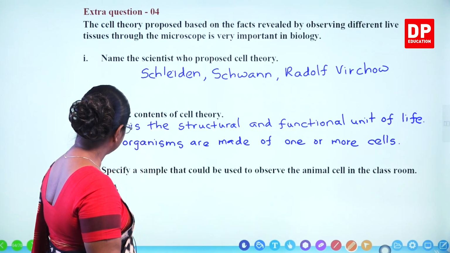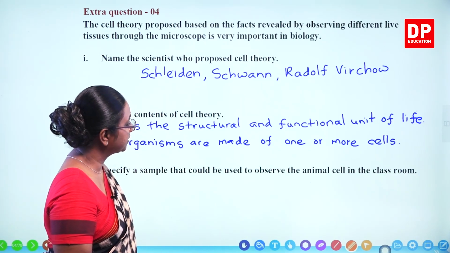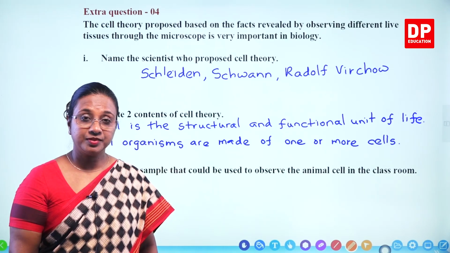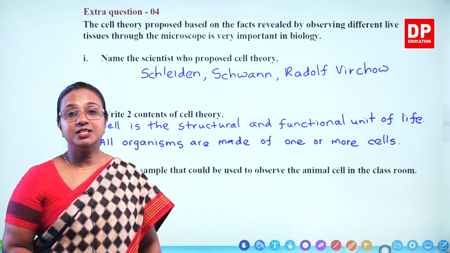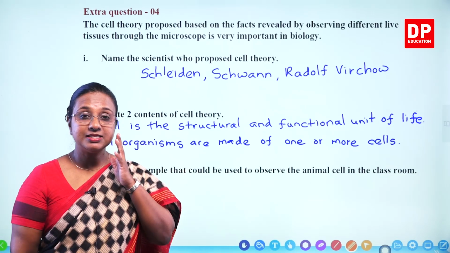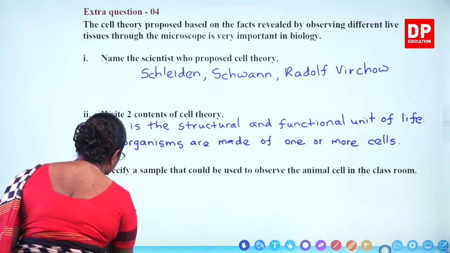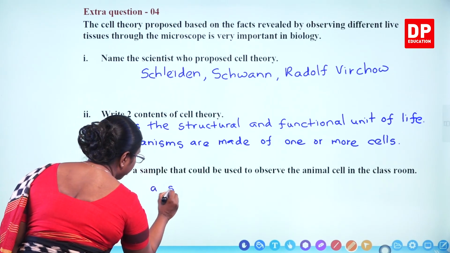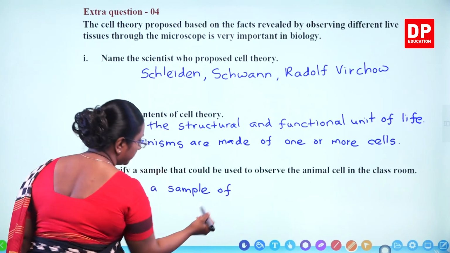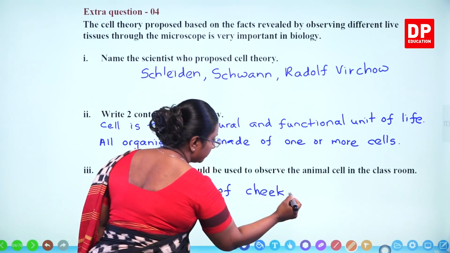Then the next question. Specify a sample that could be used to observe the animal cell in the classroom. We have done this activity before. You know the sample that we used. It is the cheek cells. So here you can say a sample of cheek cells.